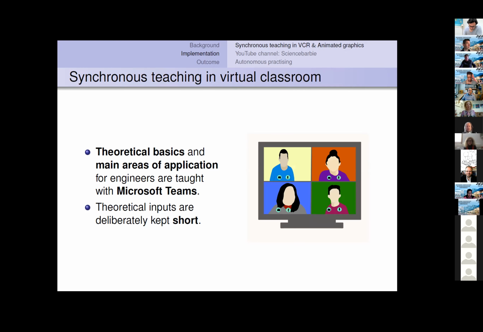So it's mainly maximum 45 to 90 minutes of input every other week. And this is the synchronous teaching. And 2 weeks in between these inputs, we have asynchronous teaching with autonomous practicing.